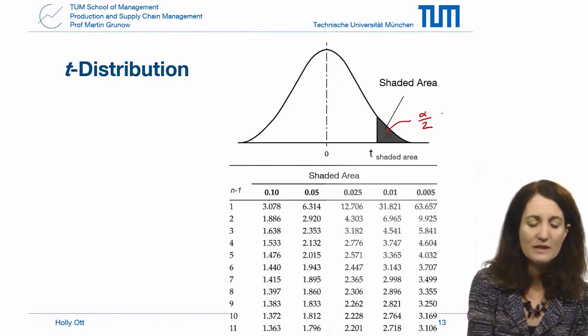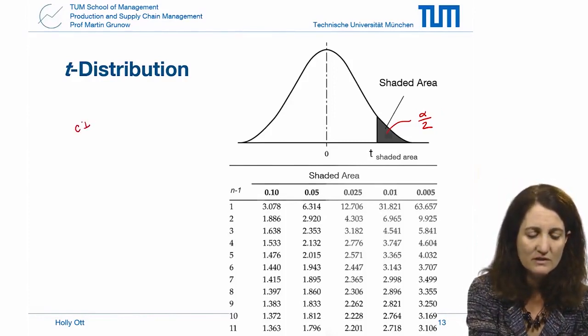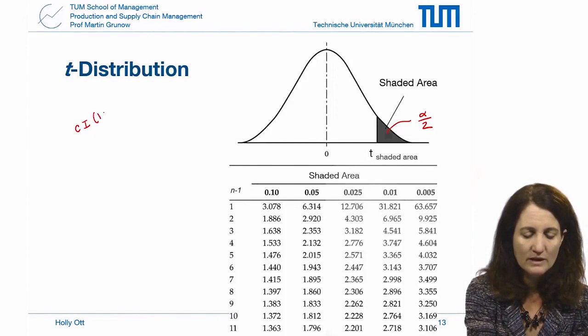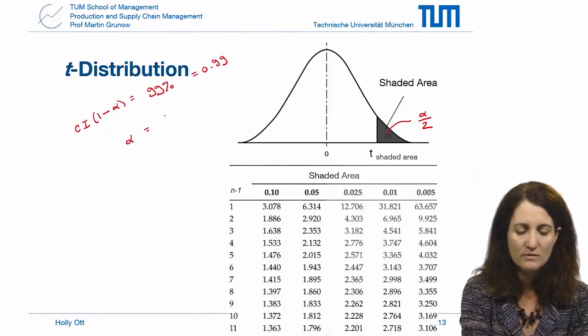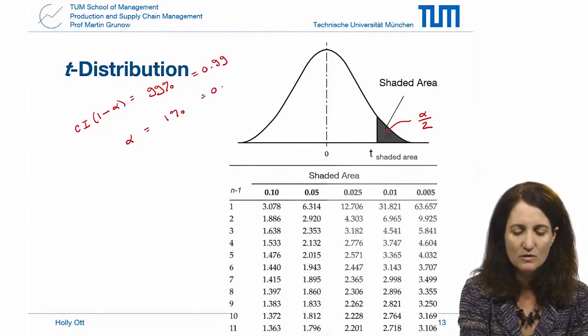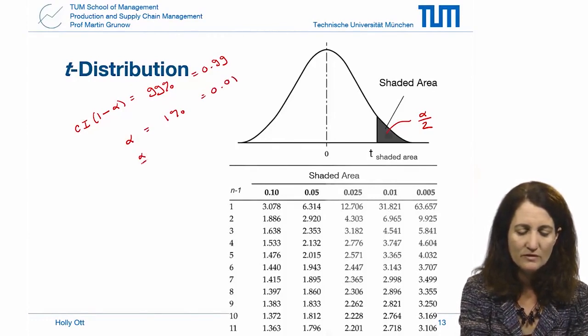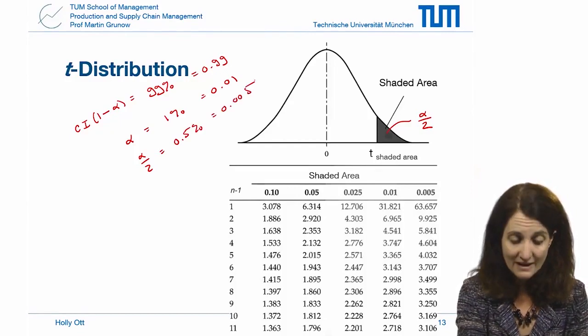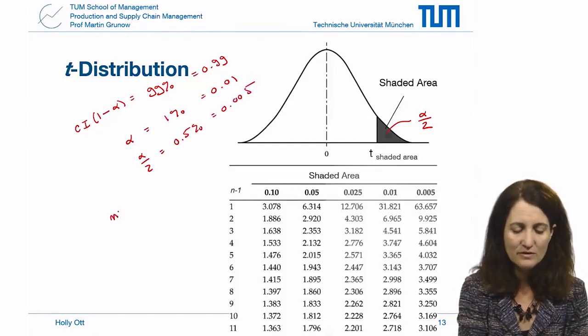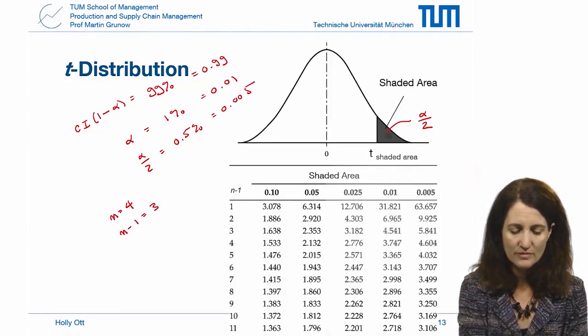So, for example, if we want a confidence interval of 1 minus alpha equals 99%, or 0.99, this means alpha is going to be 1%, equal to 0.01. Alpha over 2 is going to be equal to 0.5% or 0.005. Let's say we have a sample size of 4, which means our degrees of freedom is equal to 3.